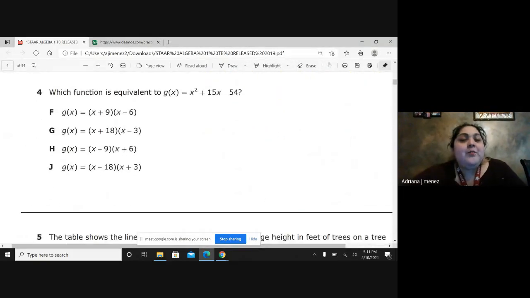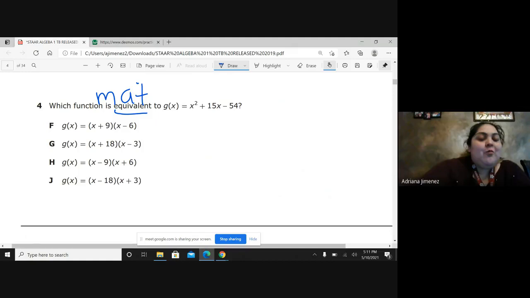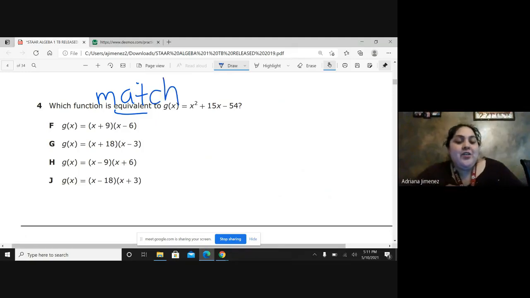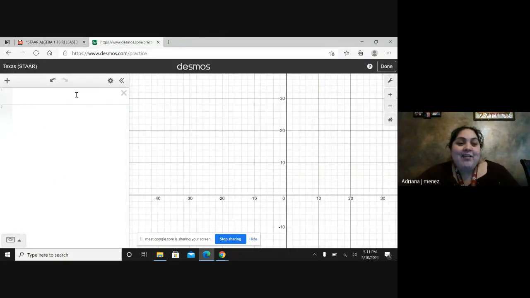We go to question number 4. Anytime you see the word equivalent, think about matching. You want to type in these equations to look for a match. That match means that they graph right on top of each other. So we would take the first one. We click the X to get out of those problems. Equals, and we type the problem that was in here, x squared.